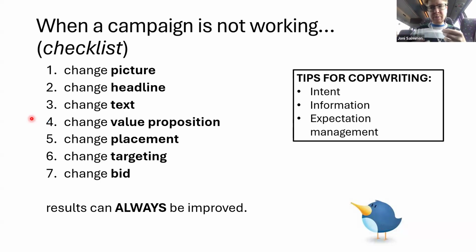So as marketers, whatever case we are marketing, we should always have a short list of value propositions that the company or brand has that make them unique. We need to have them memorized, and then we can try to alternate them or change them and test them. Placements, where the ad shows in the news feed or somewhere else, and targeting, and bids. So there are a lot of things we can improve.